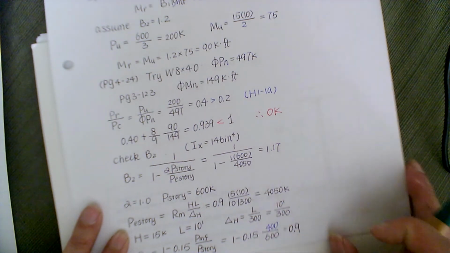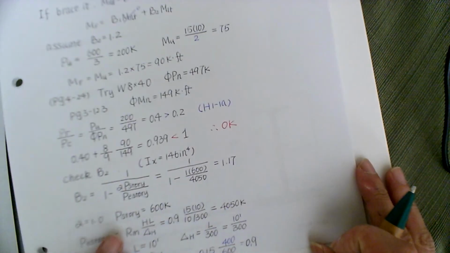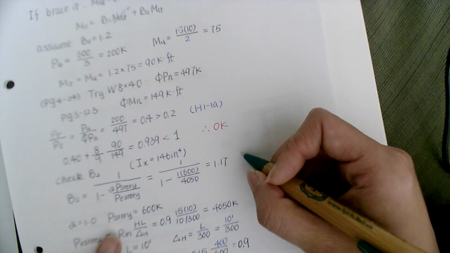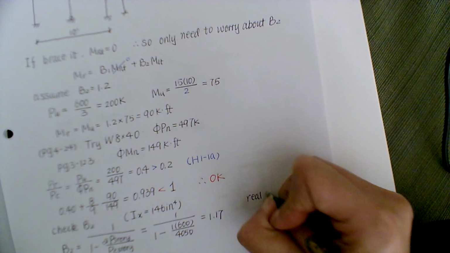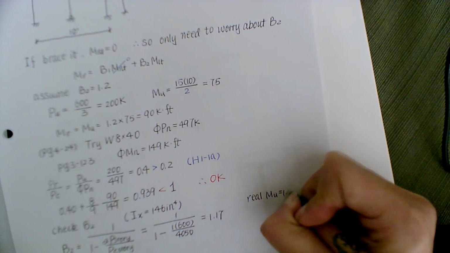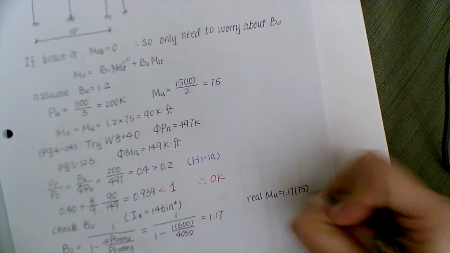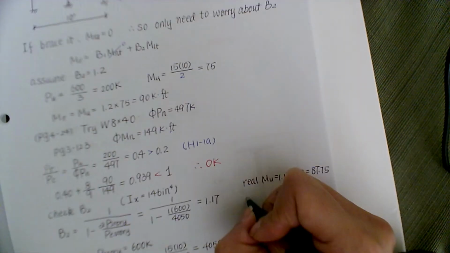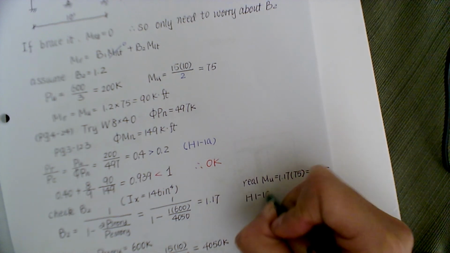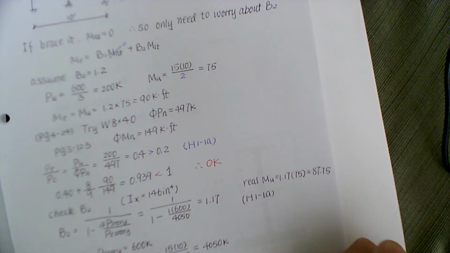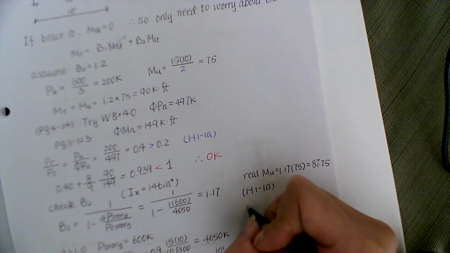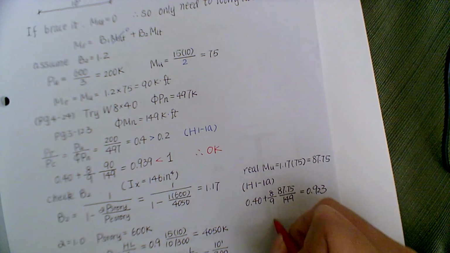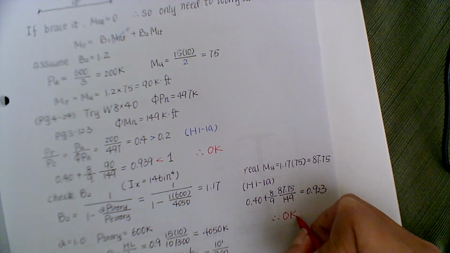However, let's do a good example here. We have to go back and recalculate H1-1a. And then we go back to the H1-1a equation and recalculate everything. And then you can see this value is smaller than 1, so our pick is okay.